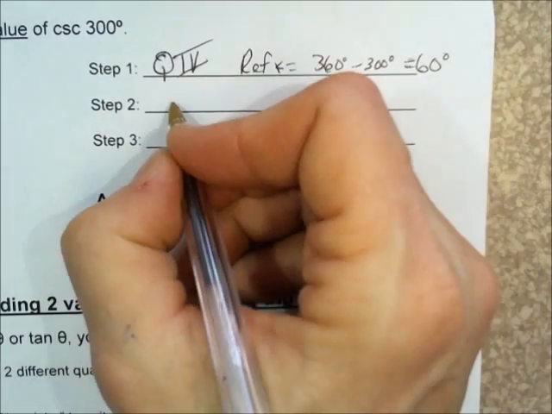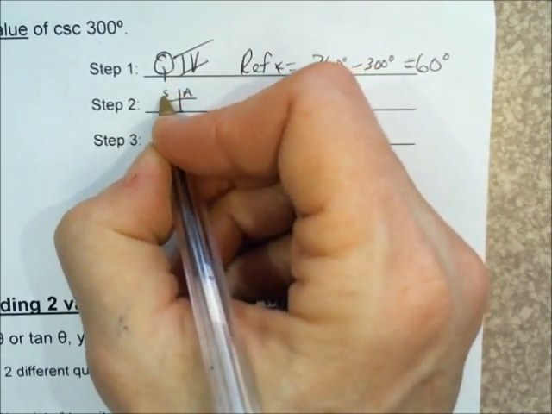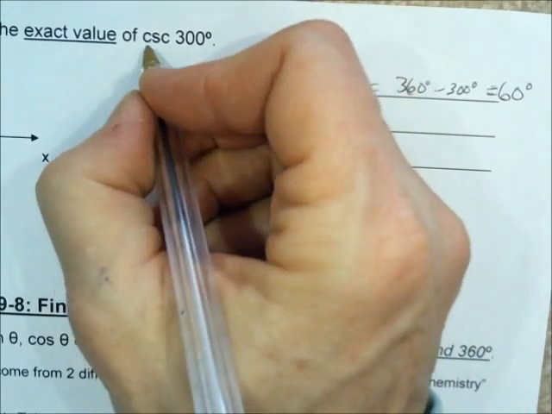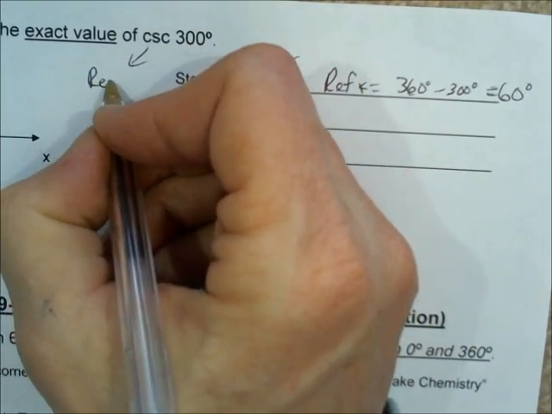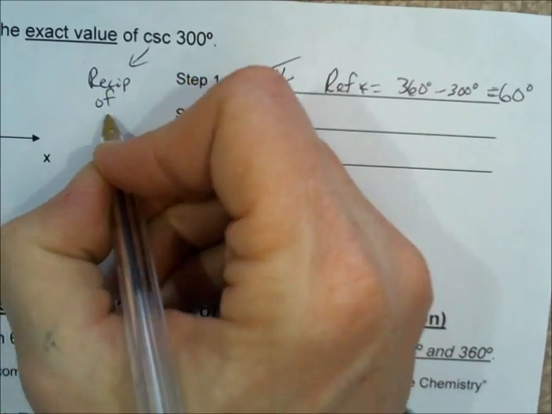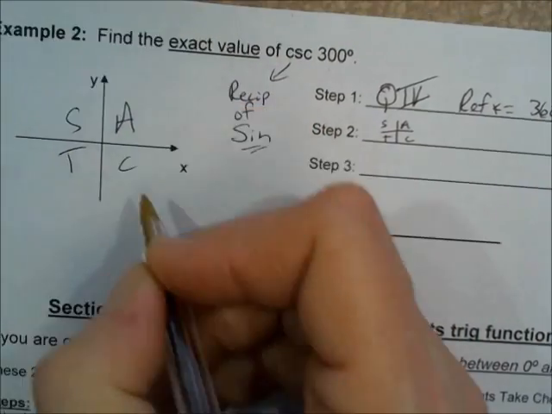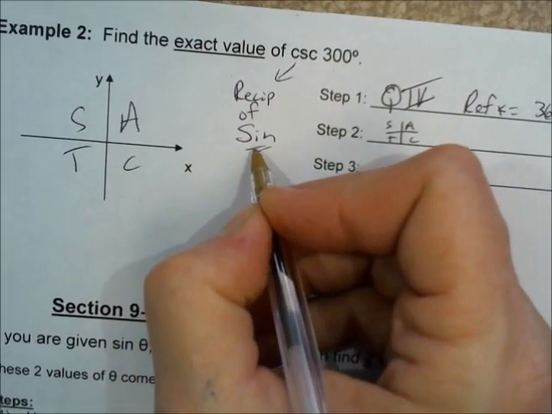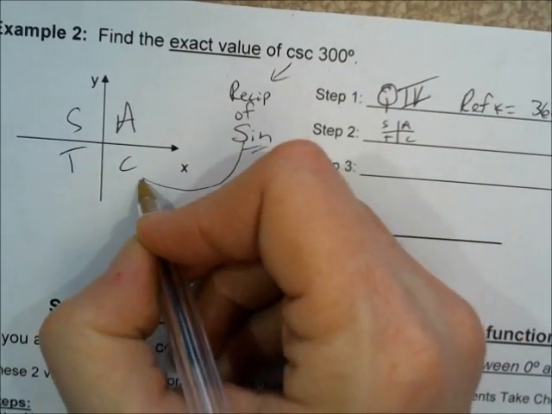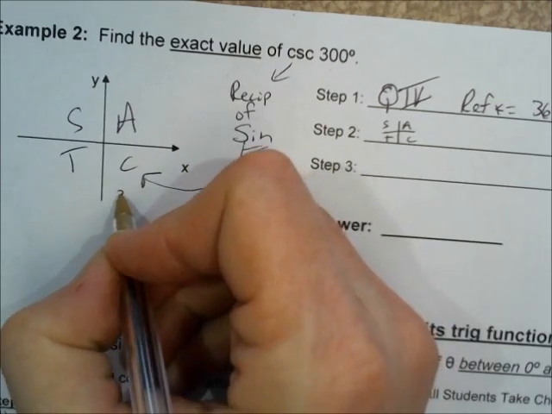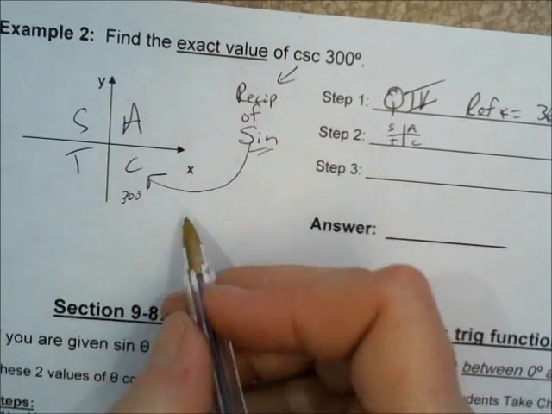Step 2 says, we're going to do all students take chemistry. Well, the cosecant is the reciprocal of the sine. So all students take chemistry says, because 300 degrees is in quadrant 4, here's our 300-degree angle down here.